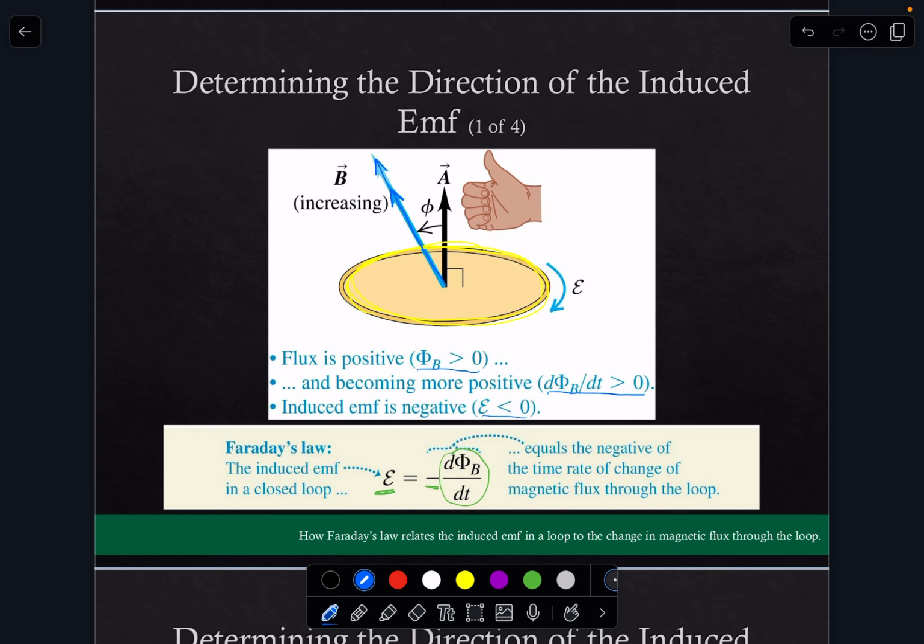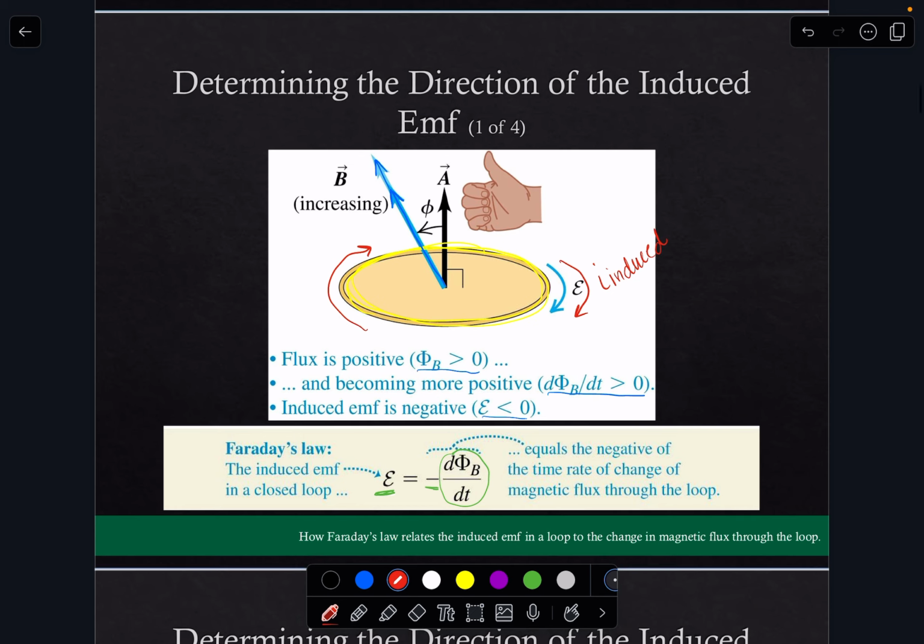You curl your fingers around, and that would give you a current flowing this way. But because there's a negative sign in Faraday's law, the actual induced current is opposing that one. So it would be this way, in the same direction as the EMF.